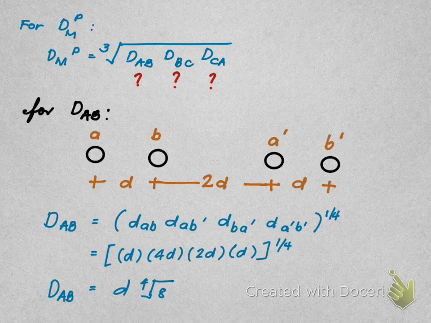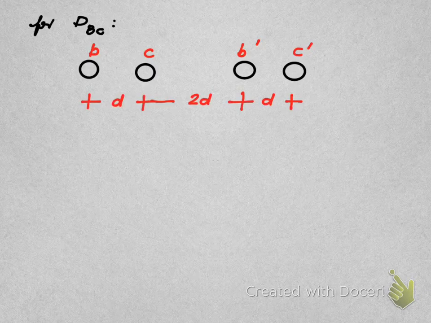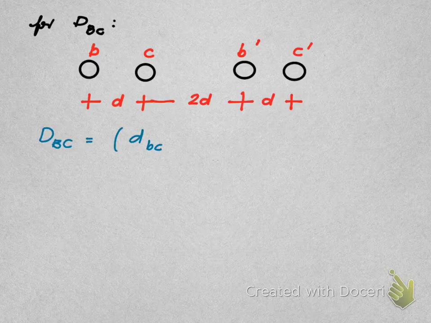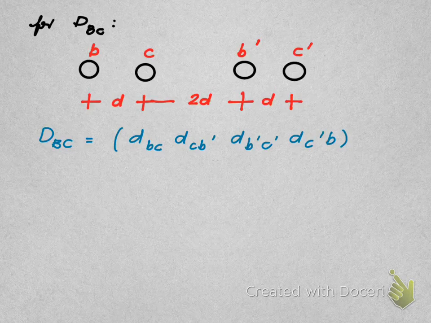Proceed to getting DBC. The same manner as we get DAB. So we list down the involved conductors BC, B prime, C prime with the corresponding distances. The DBC will be like this. I've considered the distance between BC and then CB prime, B prime C prime, and DCB prime.